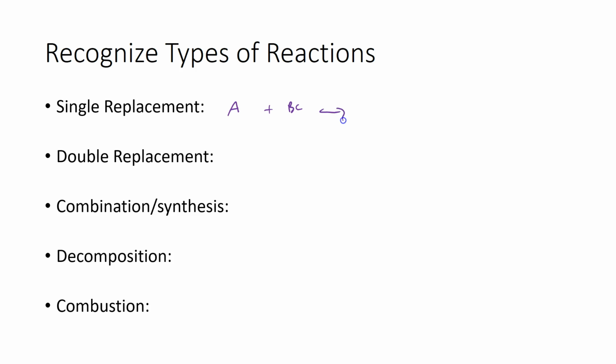And in that reaction, right, one replaces the other one. So in this case, I can replace B with A, right? And so I can get AC plus B. All right? So single replacement is where a single element replaces another element as part of a compound.